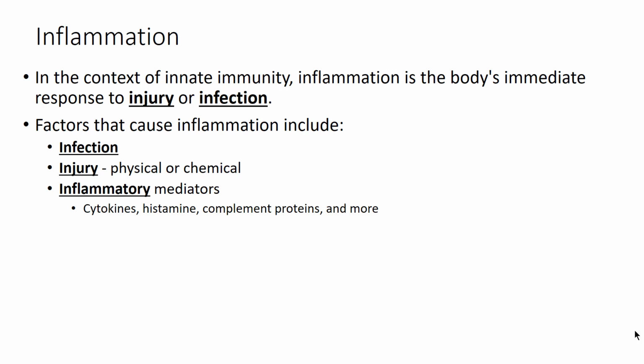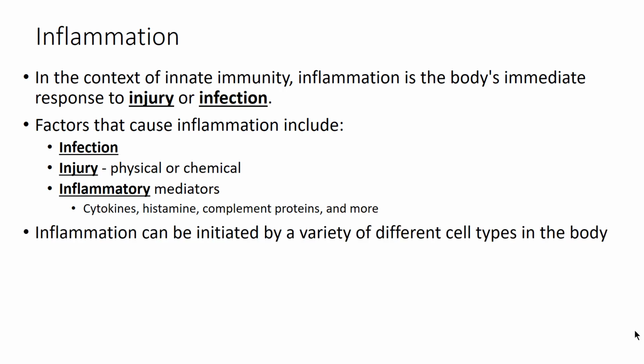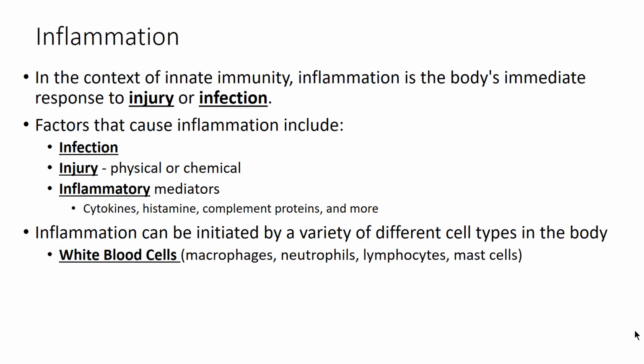Cells in the body can sense a foreign agent or a physical or chemical injury and then release inflammatory mediators that add to the way the inflammation is induced. Some of the cell types that induce it would be white blood cells, things like macrophages and neutrophils that we've already talked about. Those are cells that can release cytokines that act as inflammatory mediators.